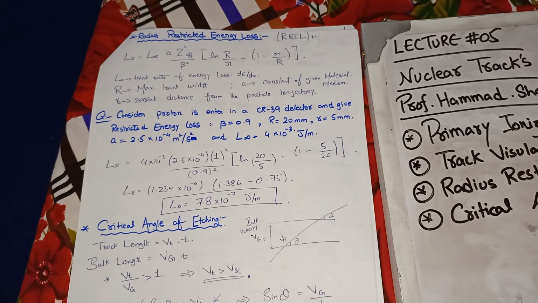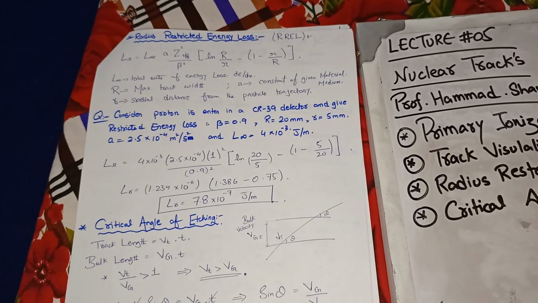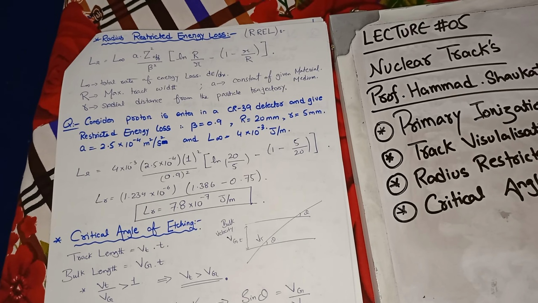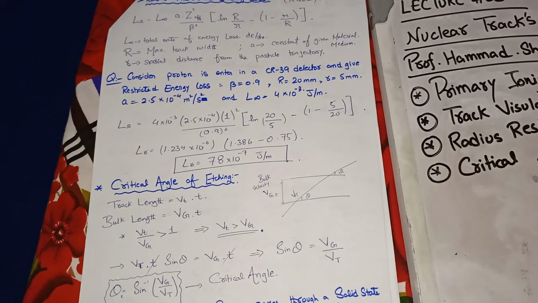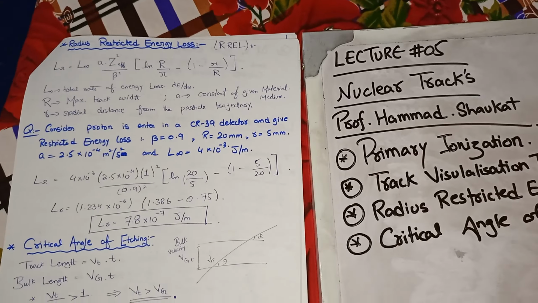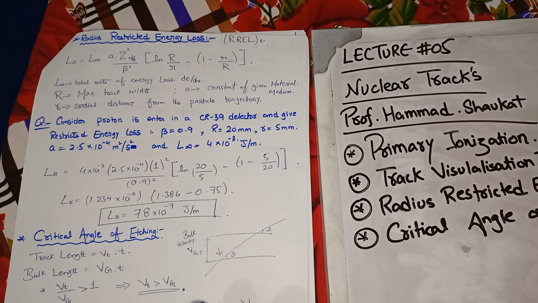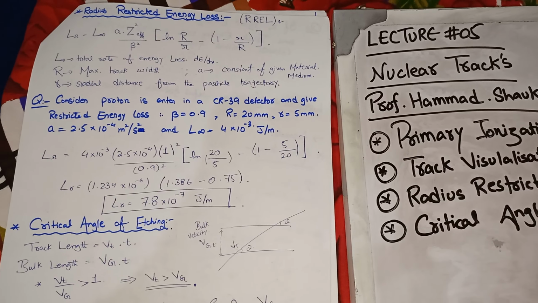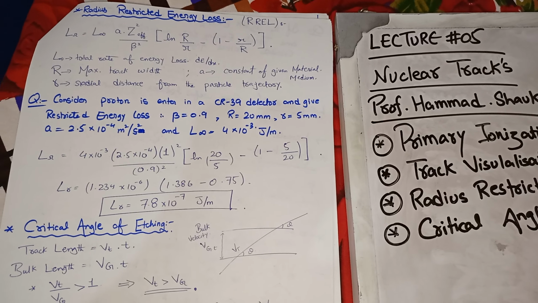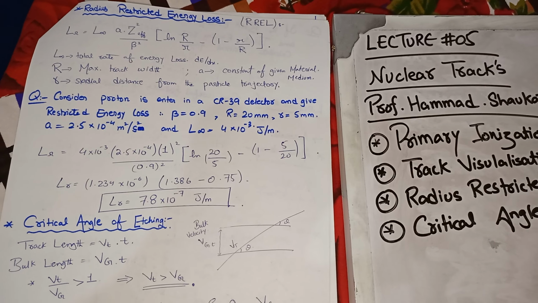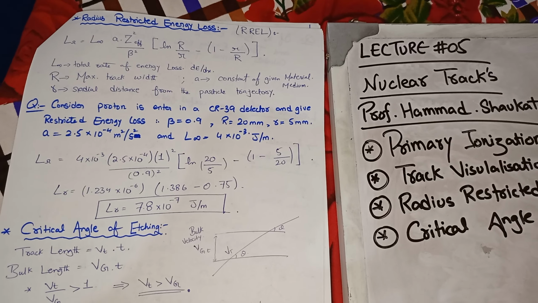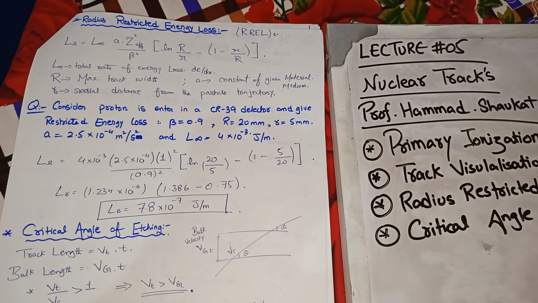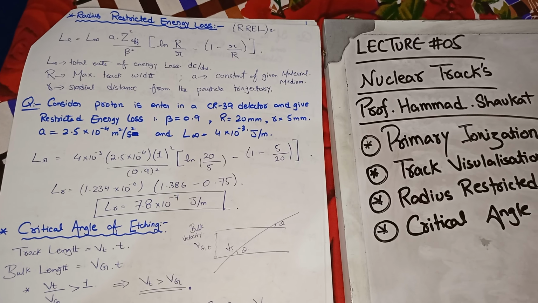If a question is given, you can easily find the restricted energy loss if you know this relationship for LR. There is a practical problem to illustrate this subtopic: consider a proton entering a CR39 detector, and find the restricted energy loss, where beta equals 0.9 and capital R equals 20 millimeter, the maximum track width.